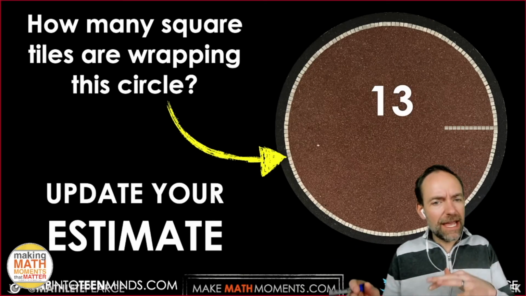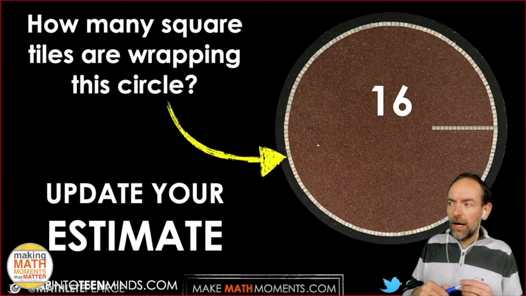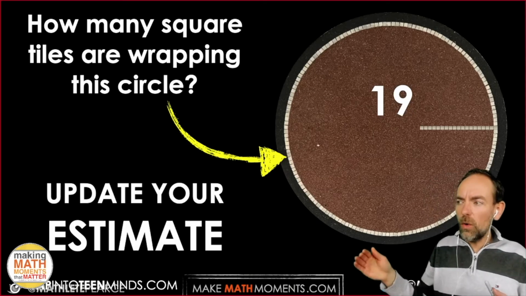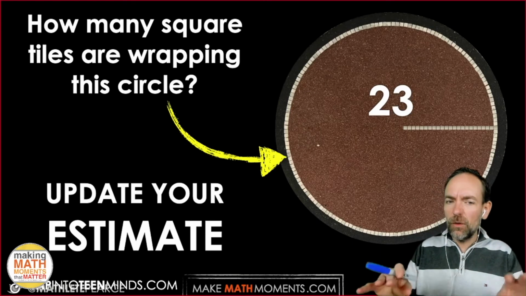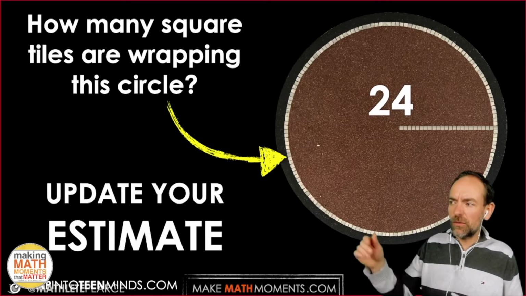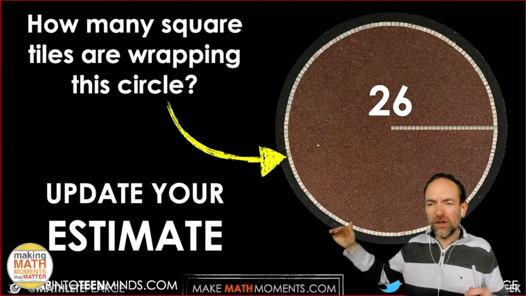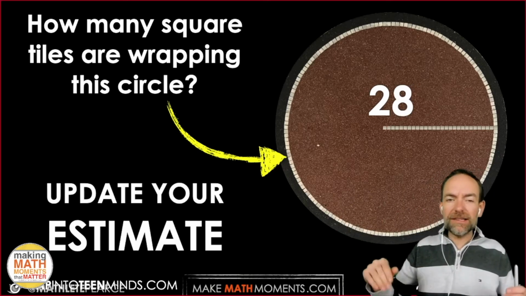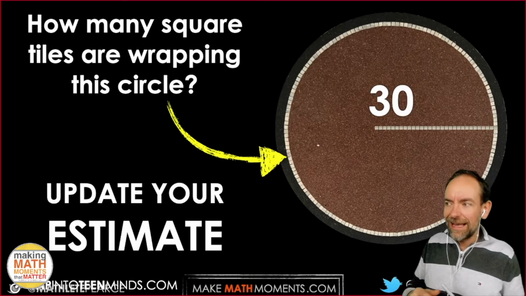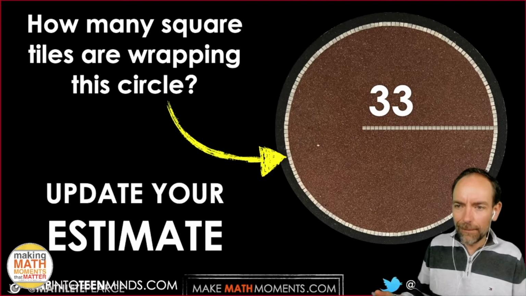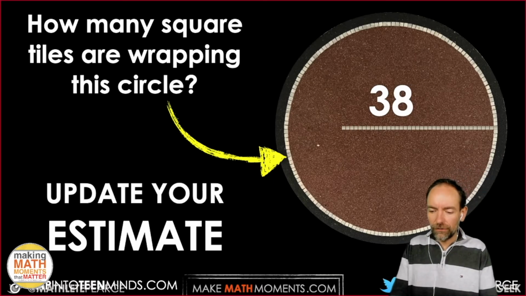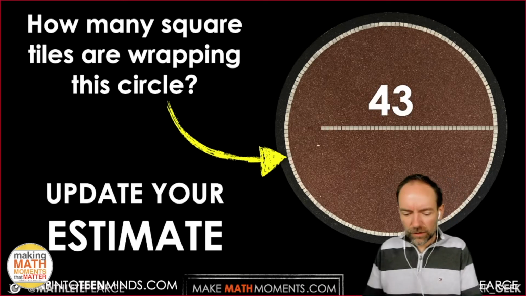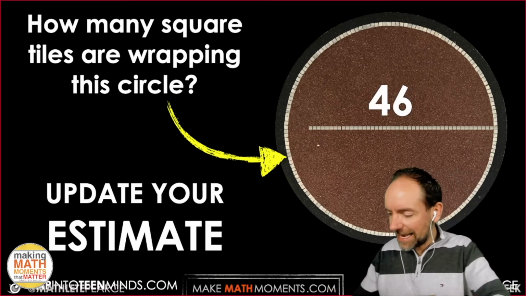Now, some of you may or may not know what this is called, but when we go all the way across the circle, feel free in the chat to let us know if you know the name for measuring from one side of the circle all the way across through the center. It has a really special name, and I'm wondering if anybody out there has heard this name before. Ooh, what are you thinking? The diameter.